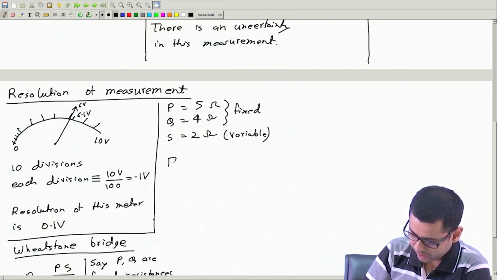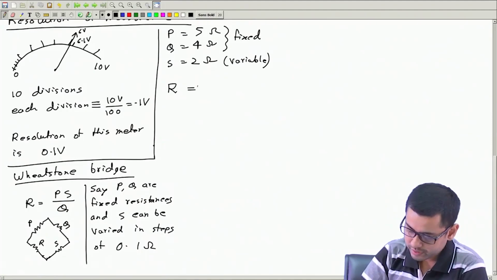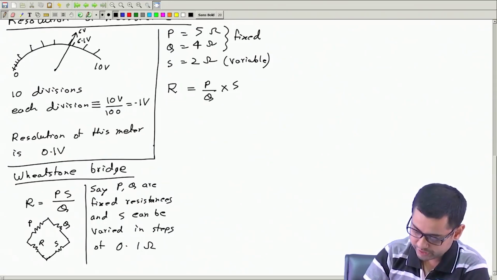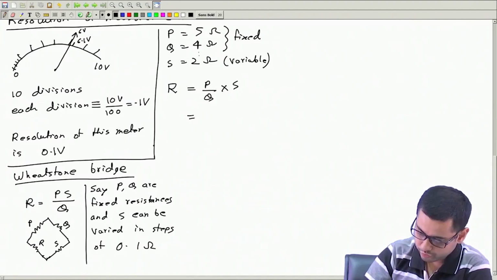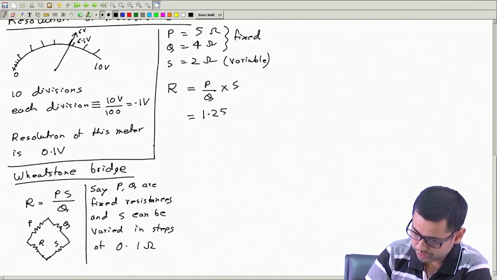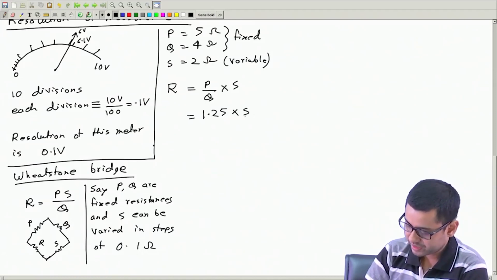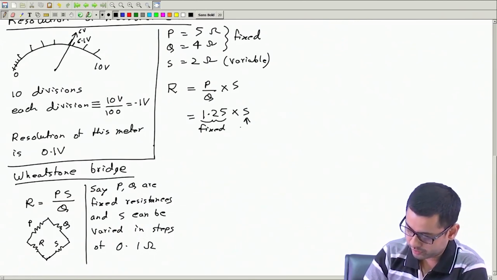R is given by P by Q multiplied by S. Now P is a fixed number, Q is a fixed number, so this is a fixed number. Therefore P by Q is 5 by 4, which is 1.25, multiplied by S. This is constant, fixed, and S is variable in steps of 0.1 ohm.